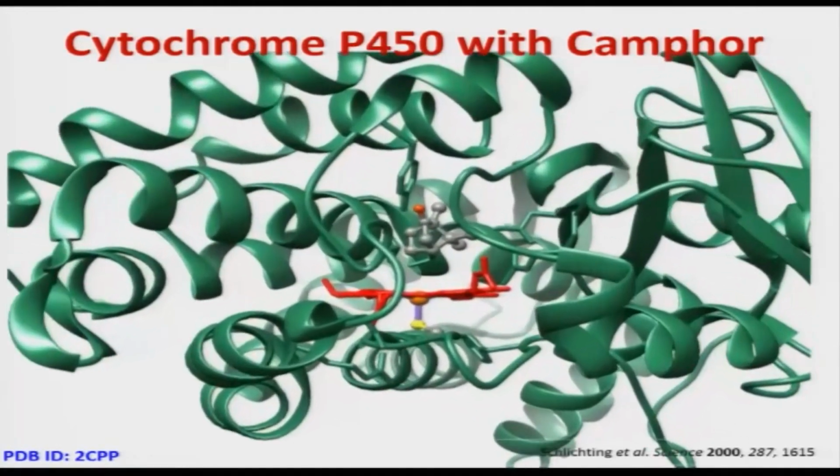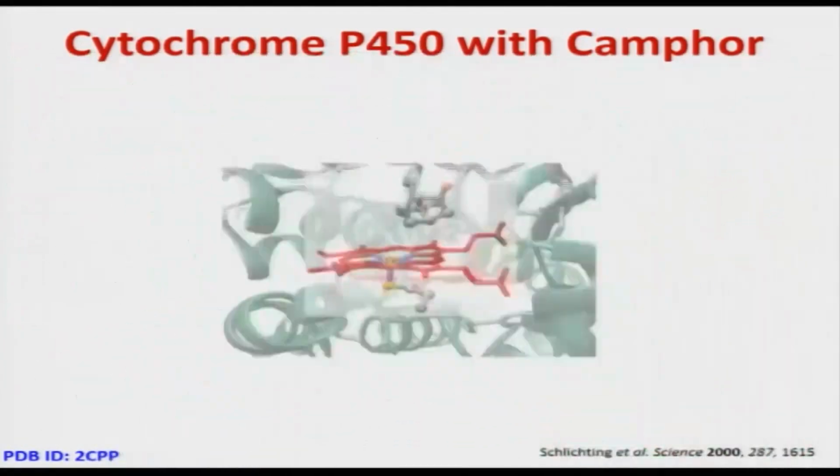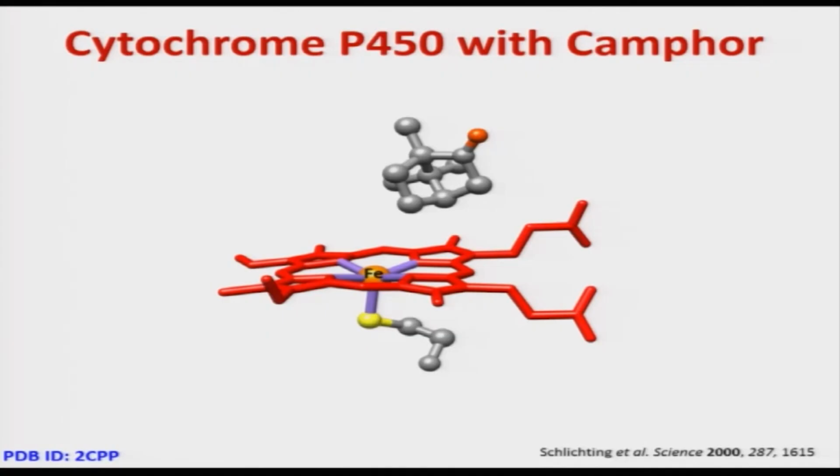So, once we remove these protein chains, it would be clear. Camphor is sitting here, and the closest carbon is this one, which is getting hydroxylated, because, as I will show shortly, an iron(IV) oxo forms which is very reactive and undergoes a hydroxylation process.